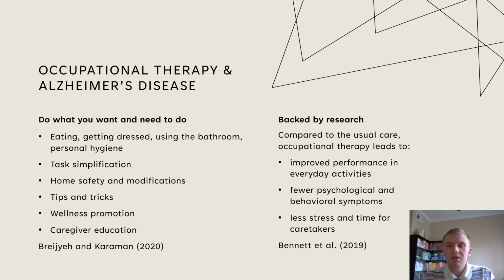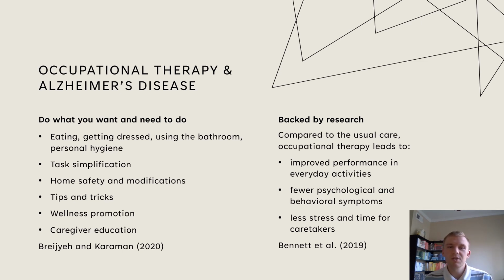So now we can talk about occupational therapy's specific role with Alzheimer's disease. Occupational therapy is a field that is designed to help individuals do what they want and need to do. With Alzheimer's disease and some of the impacts that it has on the brain, some of the daily tasks that were previously automatic or easy can become a little bit more difficult.